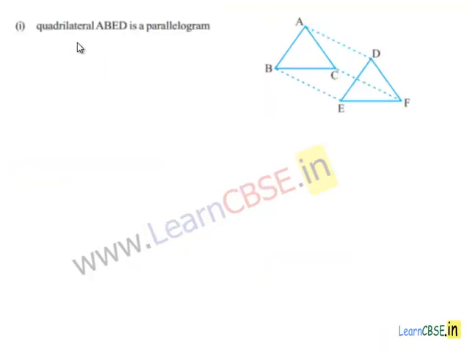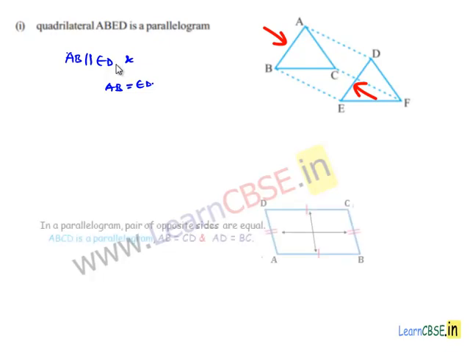In the first thing, we are asked to prove that quadrilateral ABED is a parallelogram. Let us consider the quadrilateral ABED. In this, it is given that AB is parallel to ED and also AB is equal to ED. Since the opposite sides are parallel and equal, we can say the given quadrilateral ABED is a parallelogram.